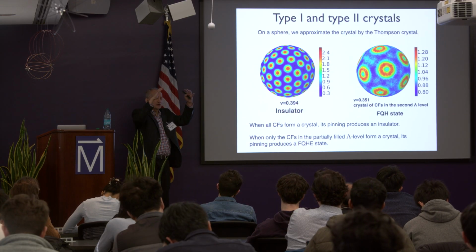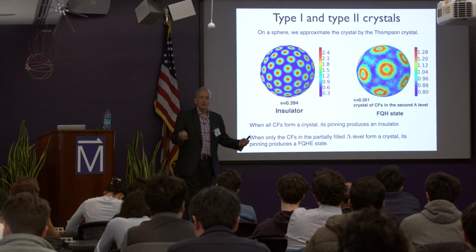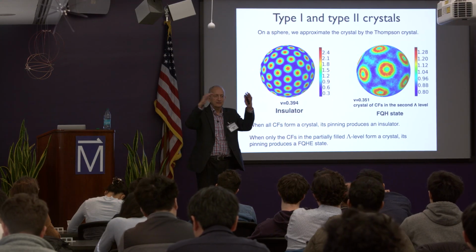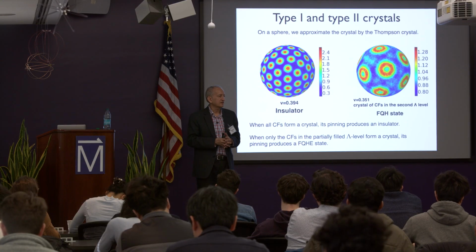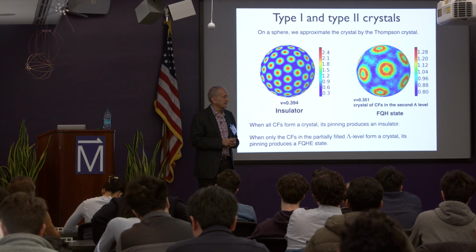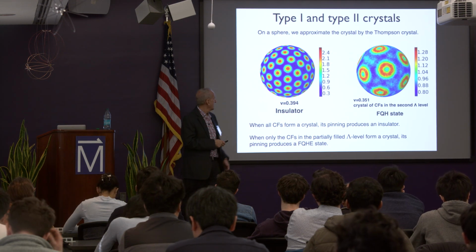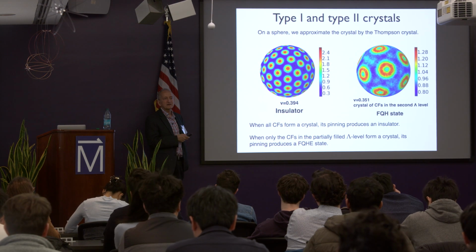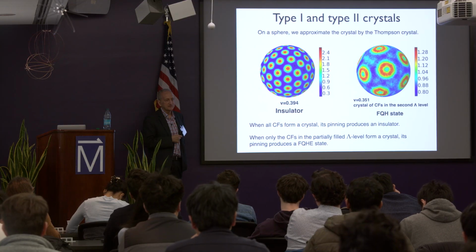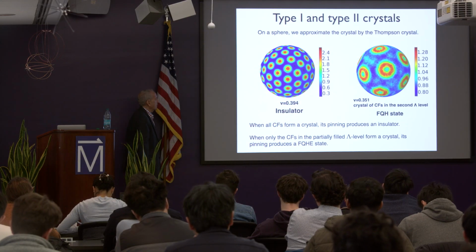And he asked the question, if electrons are sitting on a spherical shell, that was his model, one can assume that electrons are just classical charged particles and figure out what positions would give the lowest energy. And that's called a Thomson crystal. So it's basically a triangular Wigner crystal with some defects. But the contribution of the defects goes to zero as we go to larger and larger systems.